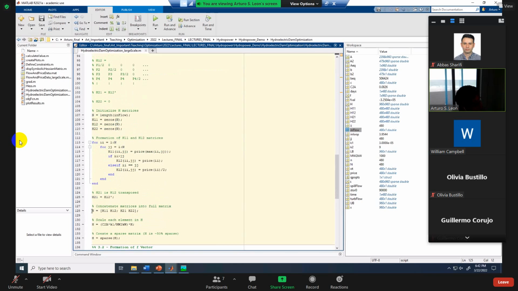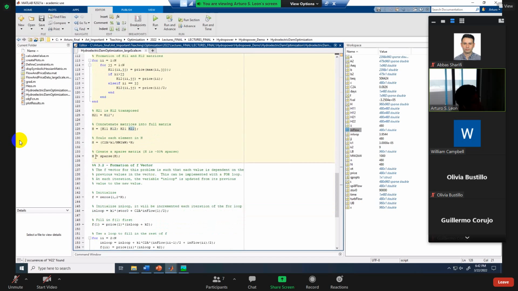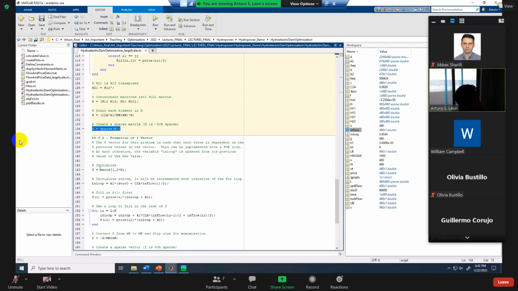And then I have to have the general Hessian. The Hessian is H11, H12, and then H21, H22. And then I am building my Hessian, right? And then this is the F, the same thing for F, and I have the inloop, right? You guys remember the inloop 1, inloop 2. This is for inloop 1 hour, 2 hours.